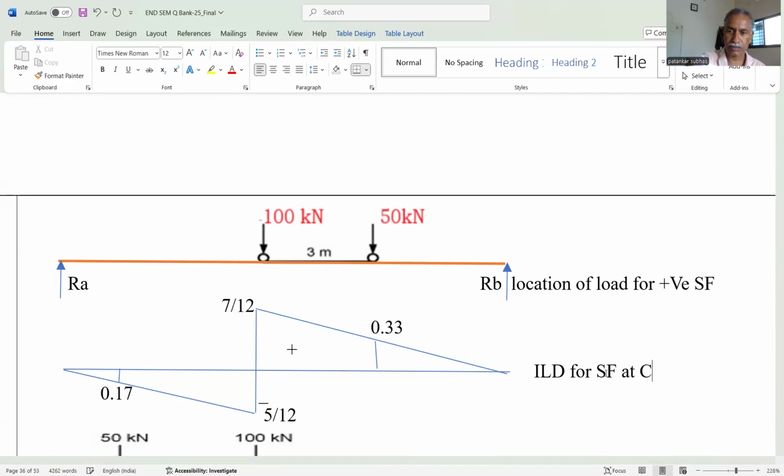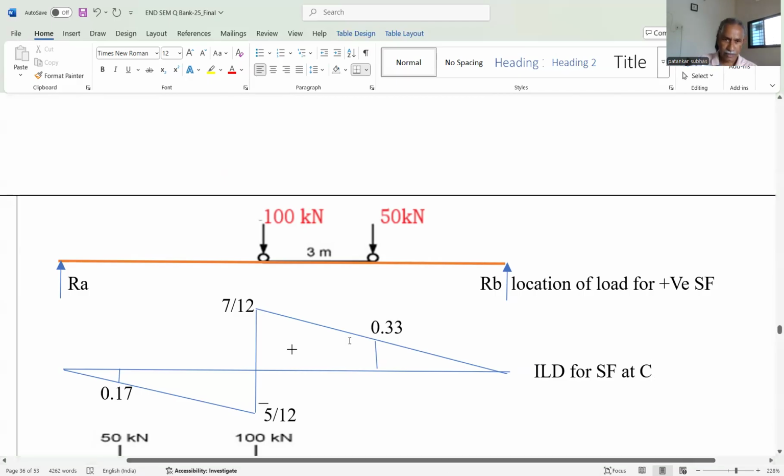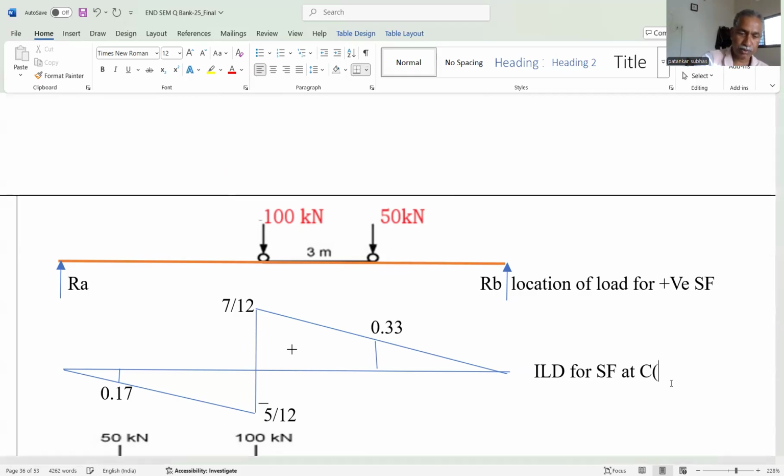At C, not RA. So when we require the maximum shear force, can we locate the 100 kilonewton over this maximum ordinate? Because we need the maximum positive shear force. This is the ILD for the shear force at C, for maximum positive.